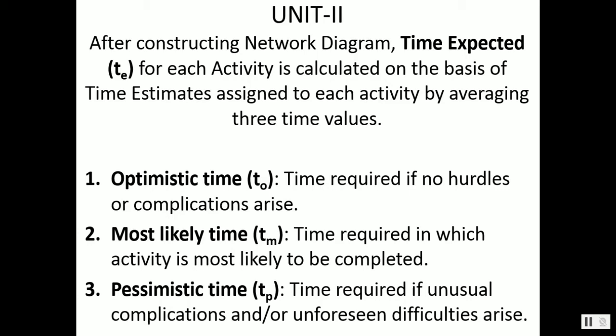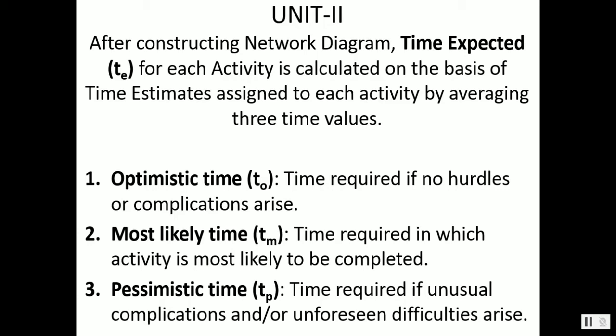This is the shortest time when there is no problem, no hurdle. Everything can go as per the plan smoothly, then it is presumed that the least possible time will be consumed in carrying out that activity.